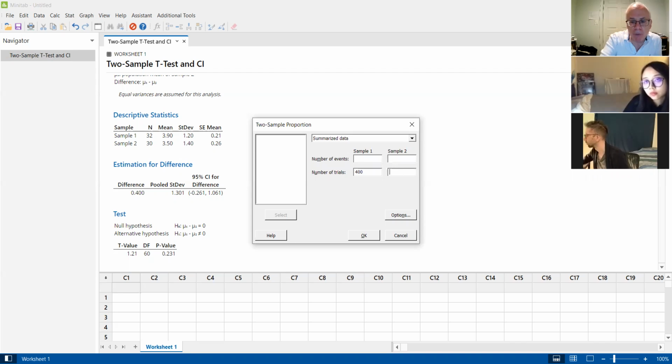And then for the number of events, it would be the count. If they don't give you the count, then you have to calculate it. So the first one was 0.31 times 400, which is 124. And then the second sample, 0.38 times 500, which is 190.